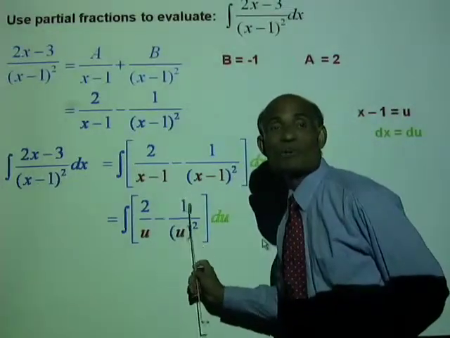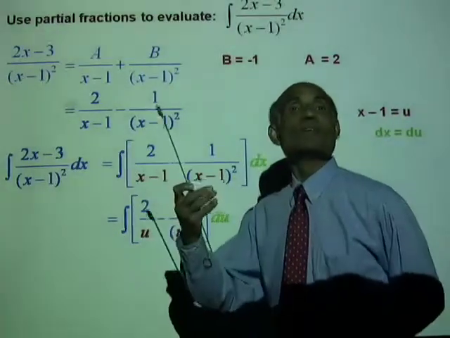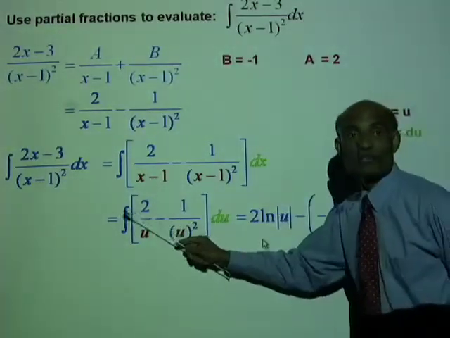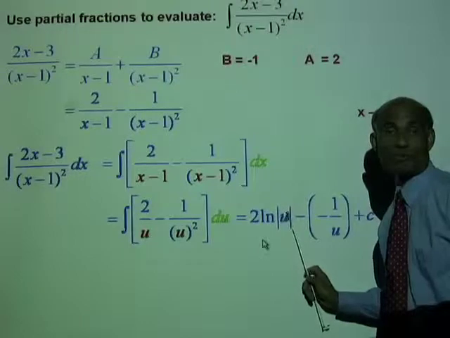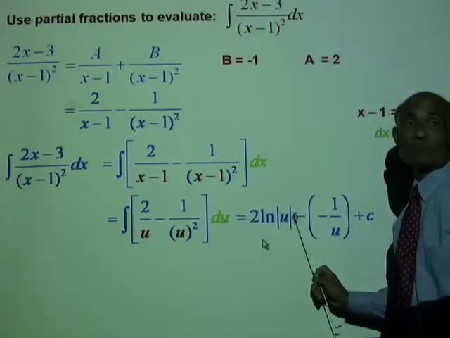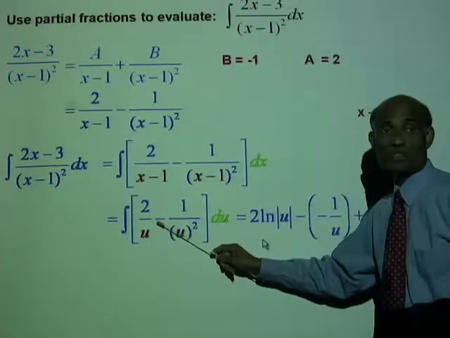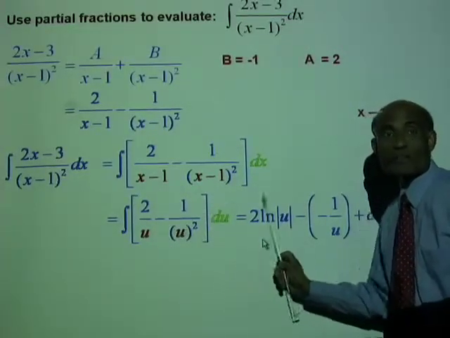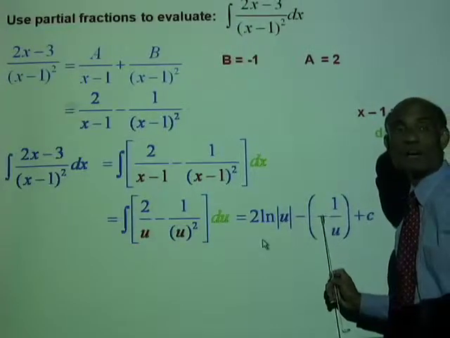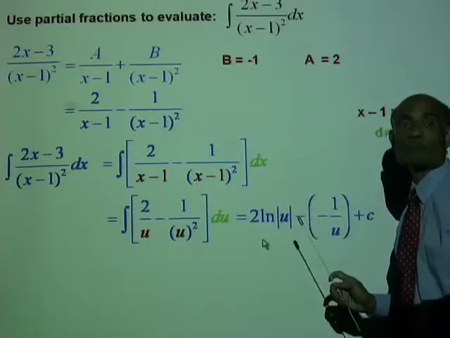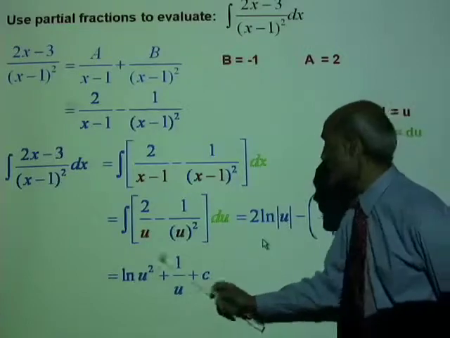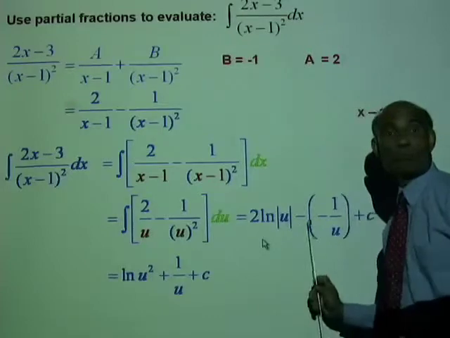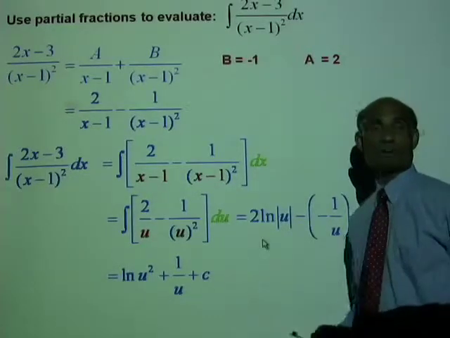The integral of -1 over u squared du will be 1 over u. Alright? So this will be 2 ln of u minus, well, I did it in 2 steps, minus the integral of 1 over u squared du is -1 over u, and combining these two will become positive. So that will be 2 ln u, which is ln of u squared, plus 1 over u plus c.